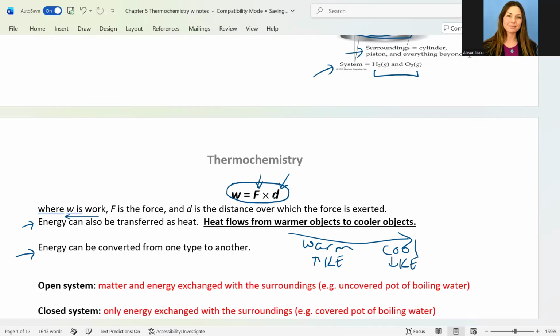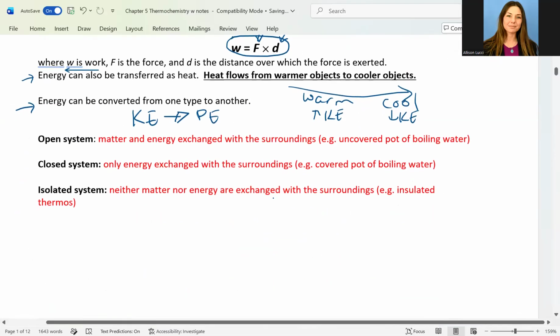And then last here, we can mention how energy can be converted from one type to another. So maybe kinetic energy can be converted to potential energy and vice versa. There's also other forms of energy that we might encounter, such as electrical energy. And then, of course, food we know has that chemical energy or ATP.